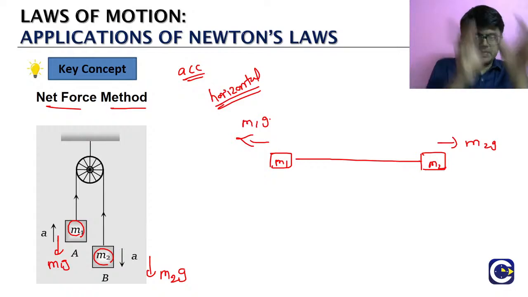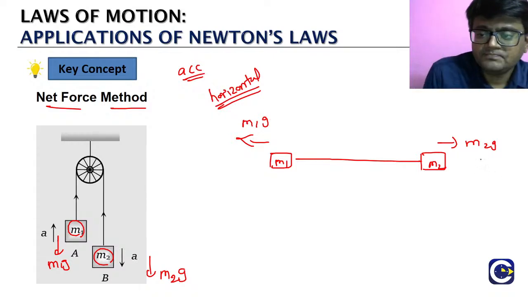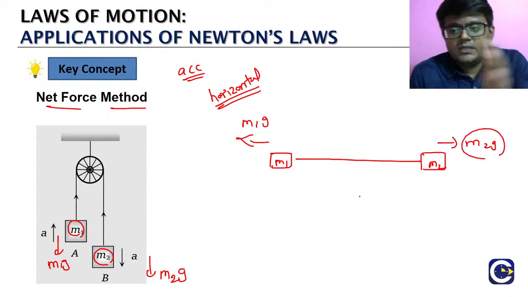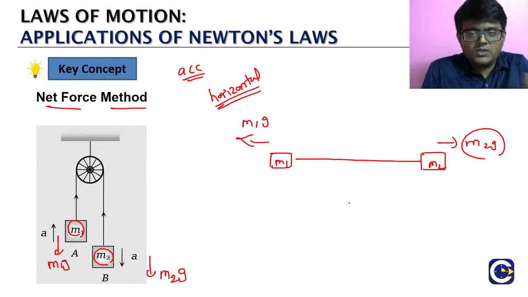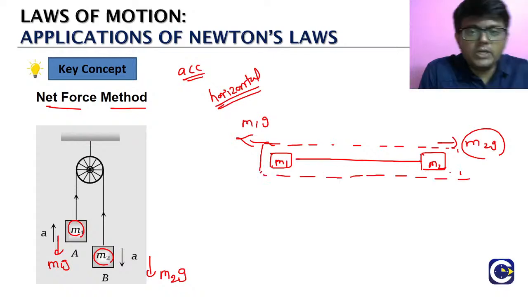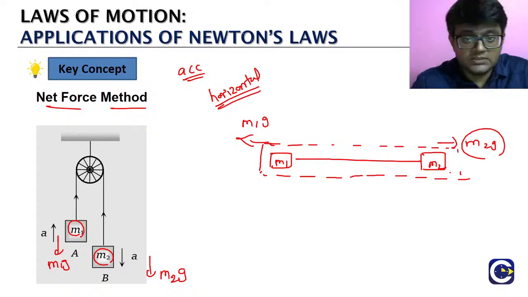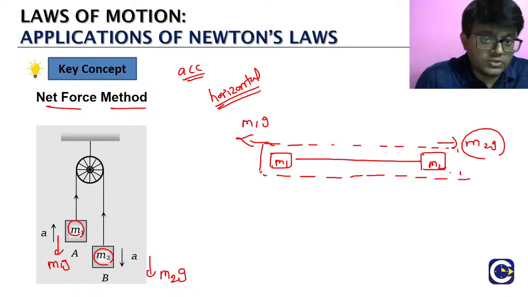The two blocks hanging like this, we take them up and put them horizontal. Now see, the weight on m2 is the force trying to pull it to the right, and the weight acting on m1 is the force trying to pull it to the left.